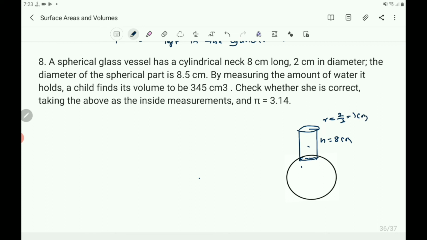And then what is the diameter of the sphere? The diameter of the sphere is 8.5 cm. So then its radius r is 8.5 by 2. Then you write the solution.